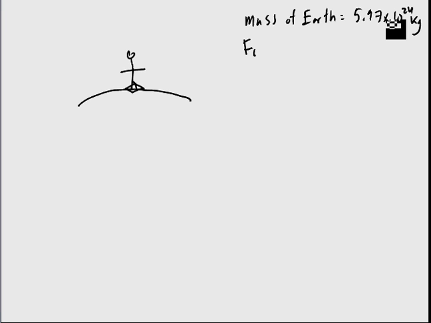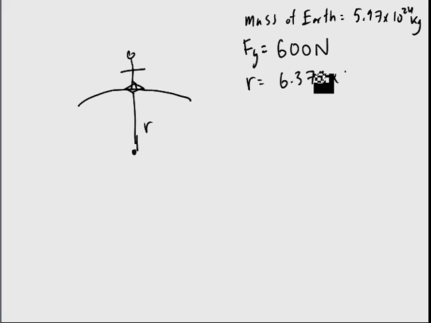We look at the scale and it tells us that this person weighs, say, 600 newtons, and we know that they're on the surface of the earth, so this r is going to be the radius of earth, which is 6.378 times 10 to the 6 meters.